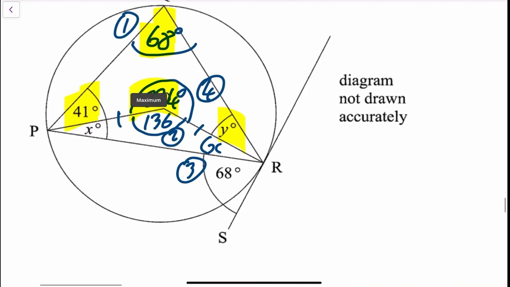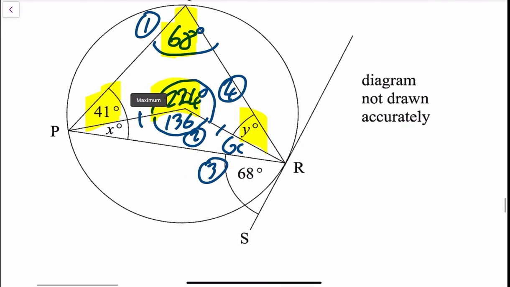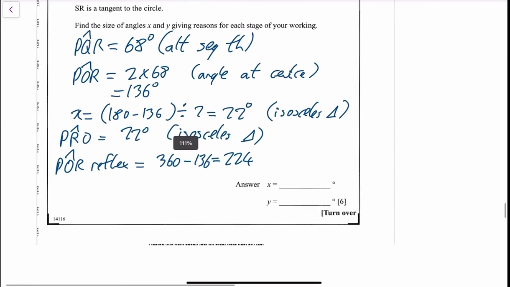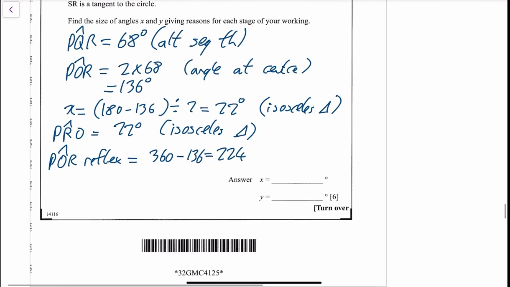And then you're ready to find your y, which again we haven't done just yet. Y is going to be equal to, then, angles in a quadrilateral. Y is going to be equal to 360 minus 41 minus 224 minus 68. So your y works out to 27 degrees.